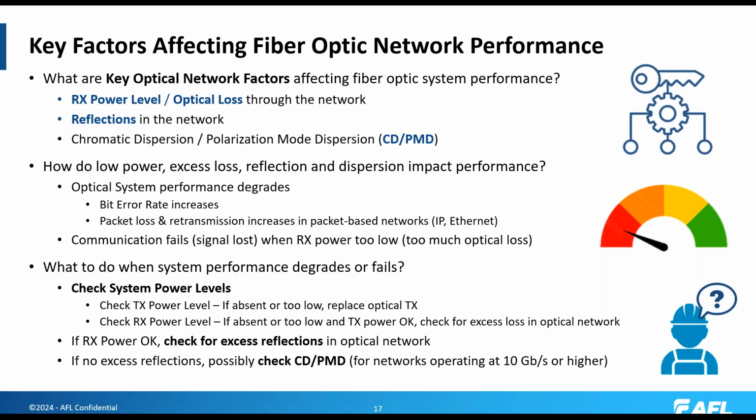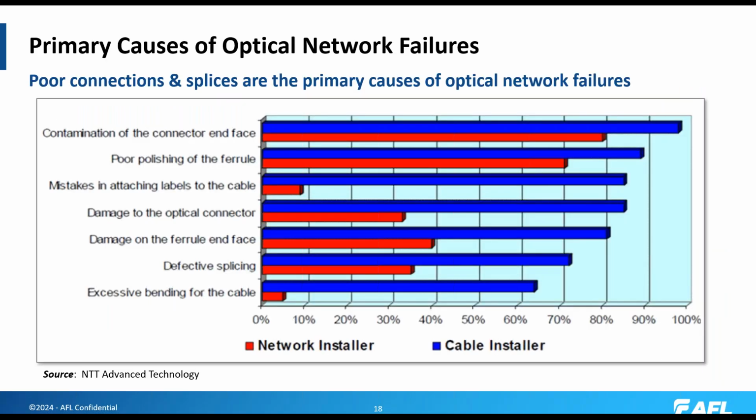What are the primary causes of optical network problems? This is a little refresher from our first presentation. It's poor connections and poor splices. Contamination on the connector end face, poor polishing of the ferrule end face, damage to the optical connector due to repeated matings without cleaning, or damage on the ferrule end face.